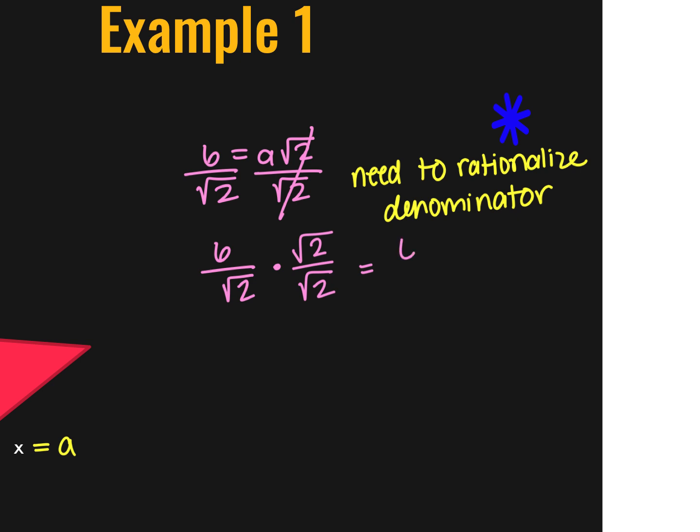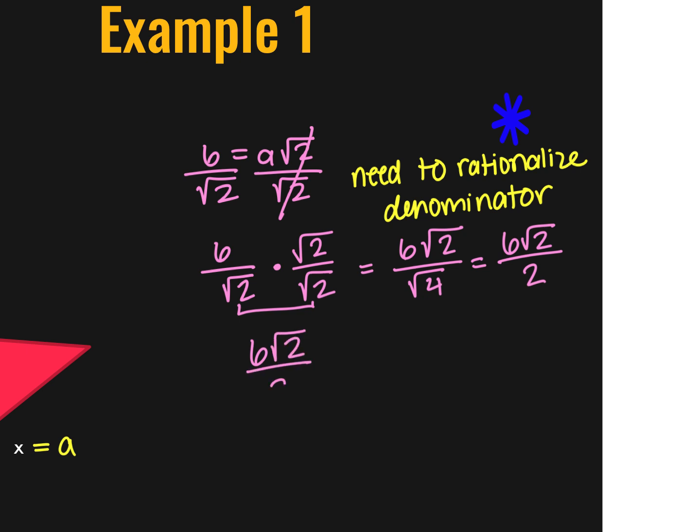And that's going to give me 6 radical 2 over the square root of 4. Can that square root of 4 be simplified? Yes, because it's a perfect root. So I have 6 times the square root of 2 over 2. Keep in mind, you could just take the 2 out of the square root, and you could automatically get 6 radical 2 over 2.